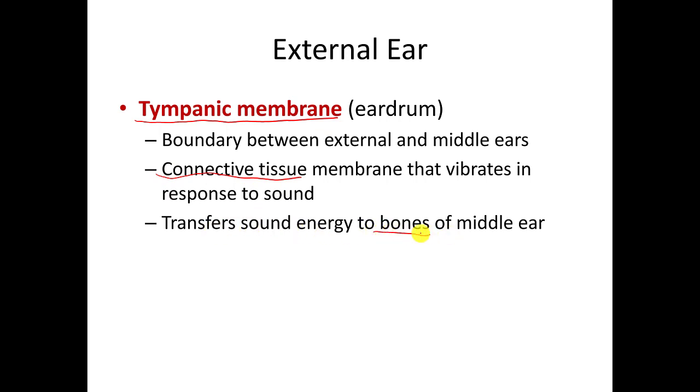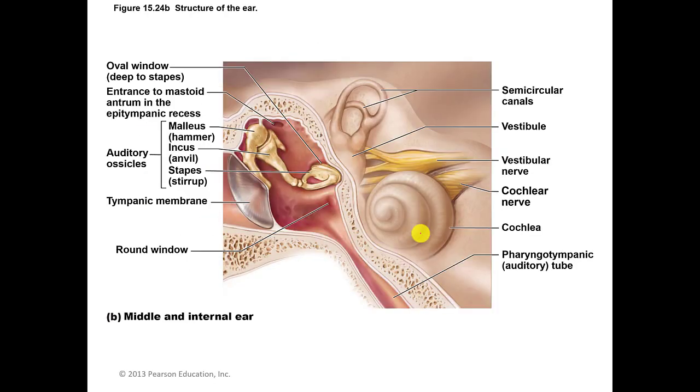From there, your sound waves will move from the eardrum through those little tiny bones that are right behind the eardrum called the ossicles. So let's look at an image again. So those sound waves are going to come in and they're going to hit that tympanic membrane. Think of a drum, right? If you were to hit a drum with a drumstick, it's going to vibrate. So it's the same concept. That eardrum, that tympanic membrane will vibrate. And behind the eardrum, remember, we have three little tiny bones.